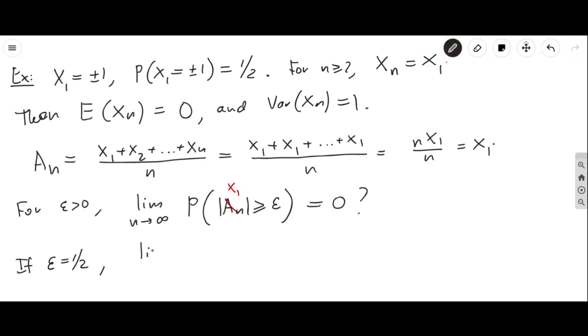So we're asking, is it true that the limit when n goes to infinity of the probability that the absolute value of x1 is greater than or equal to 1/2 is equal to 0? No, because x1 takes on two possible values, 1 and -1. Regardless of what it takes, the absolute value of this is always 1. So this is true for every sample point.